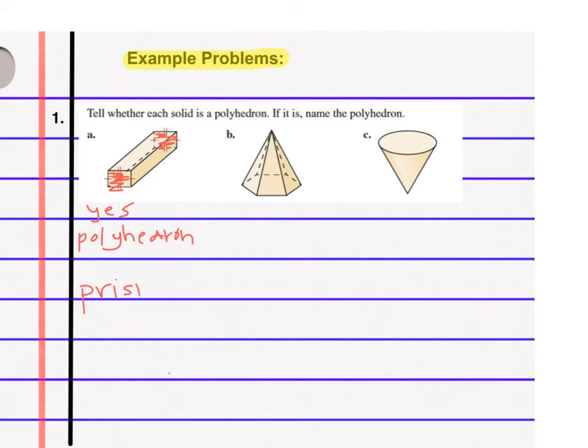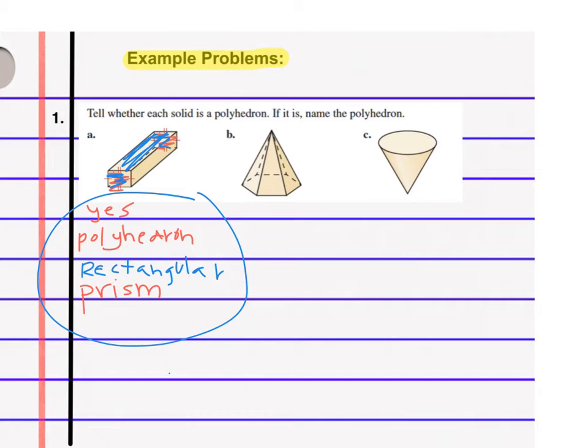I'm going to name the prism based on the shape of the base, and these two bases are rectangles. So this is a rectangular prism. The faces of this shape are rectangular, another clue that it is a prism.